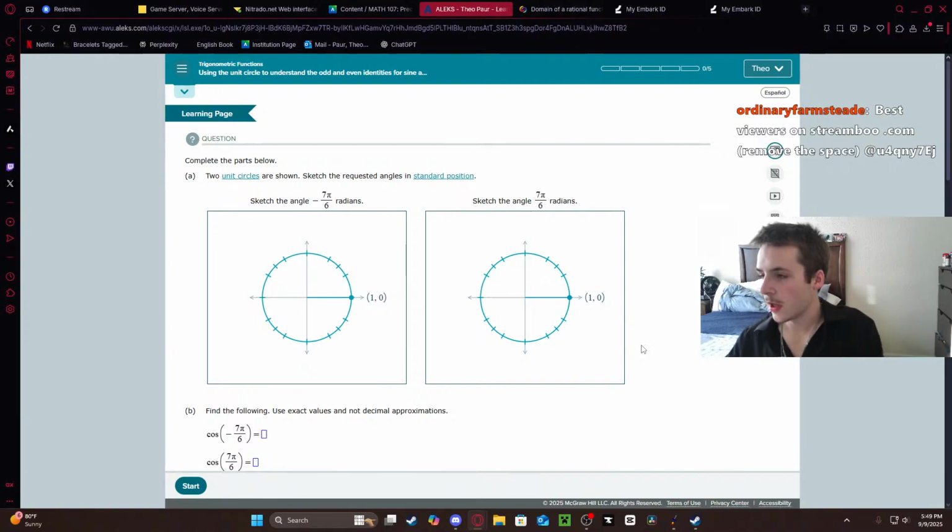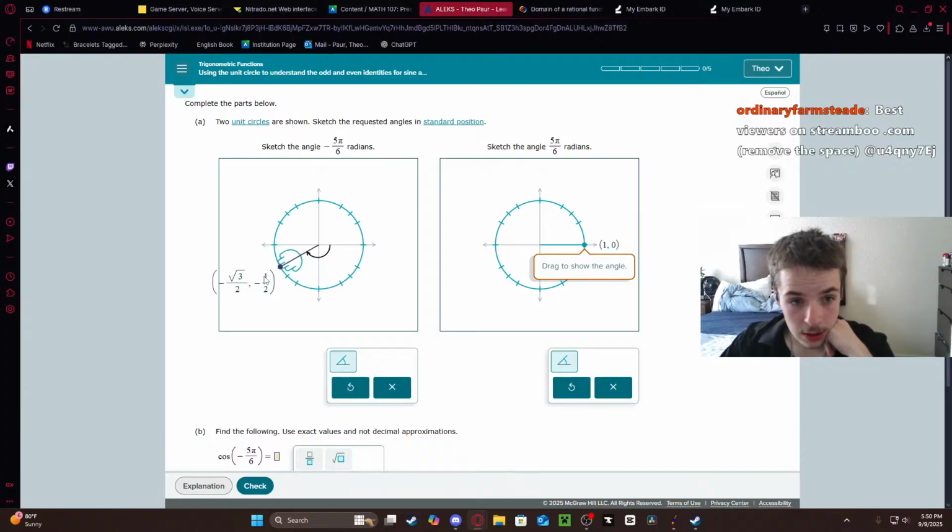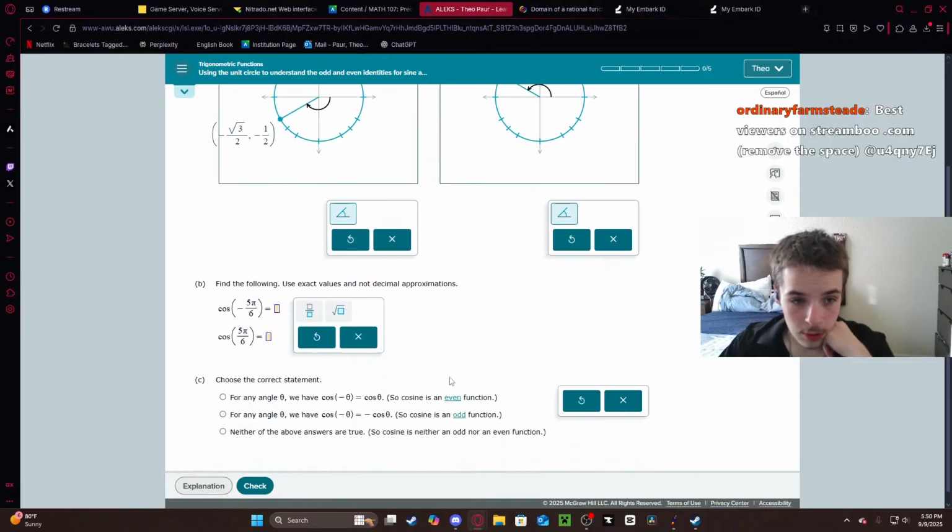Well, time to start guessing and see what sticks. 5π/6 would put us here. Sketch angle 5π/6, that would put us here. Cool.